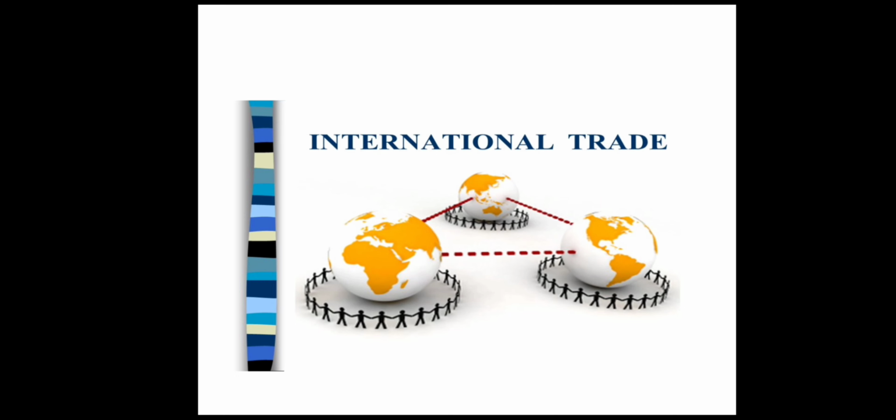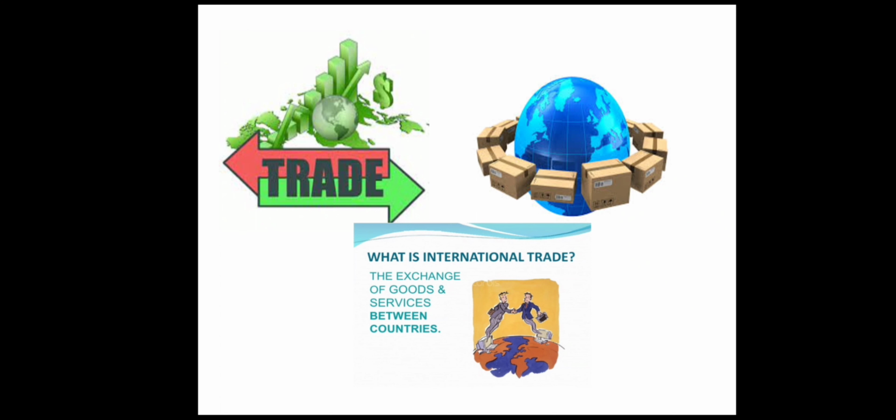Dear students, here the first thing which came to our mind is trade. So what is the meaning of trade? Dear students, exchange of goods and services among people, states, countries is referred to as trade.